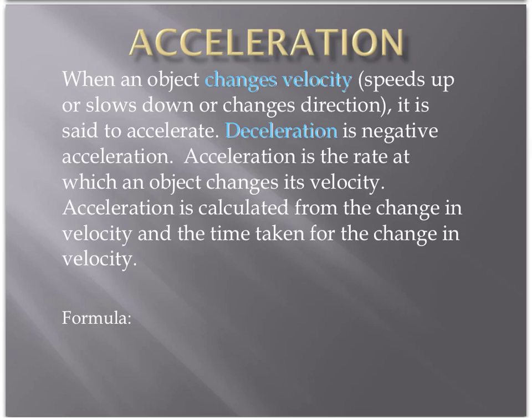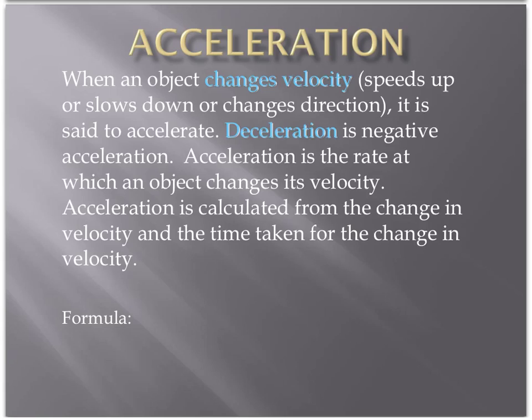A good example of something moving at a constant speed but changing direction all the time is something moving in a circle. For example, the Earth around the Sun, or a ball on the end of a string, and so on. So in that case, you are accelerating towards the center of that circle. Your speed is the same, but because your direction is changing all the time, acceleration is acting.